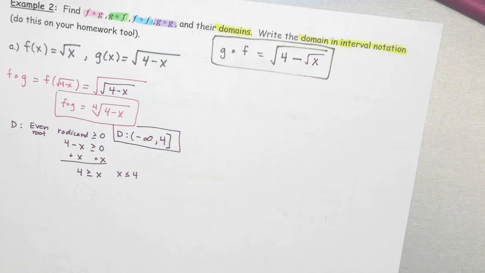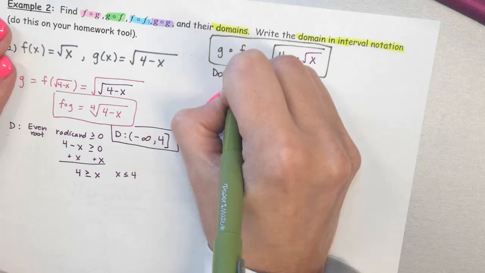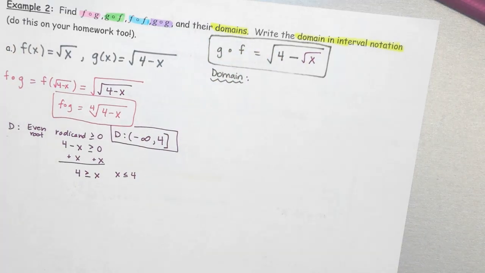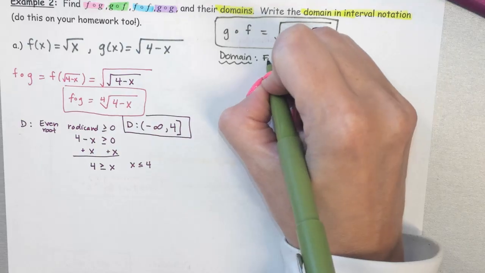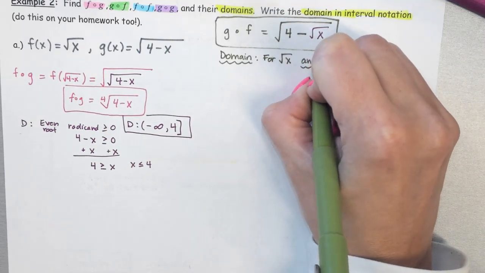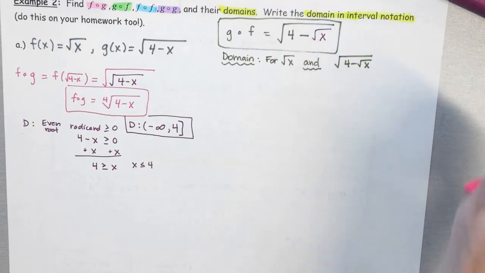But we can do our domain. So for the domain, you have two different roots here. When you have a root within a root, you have to find the domain for each. So you have to do the domain for the square root of x, and it also has to be for the square root of 4 minus root x.